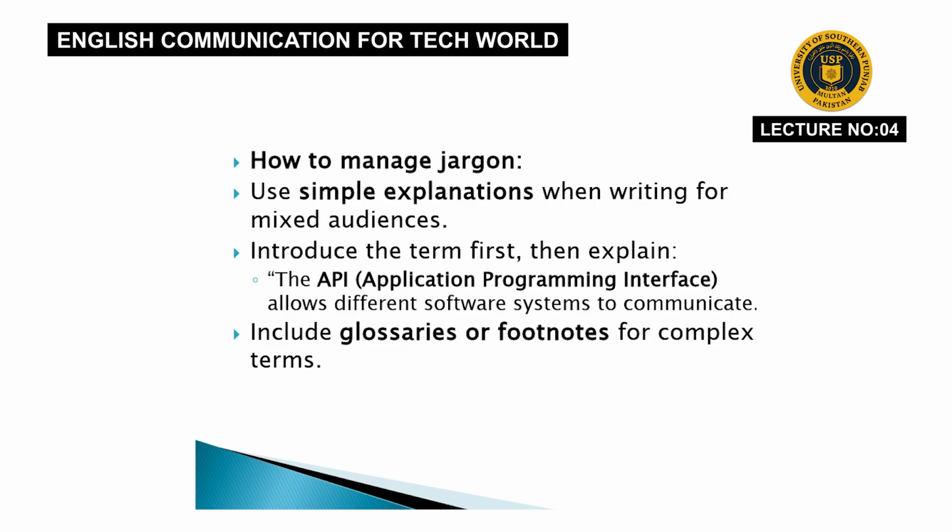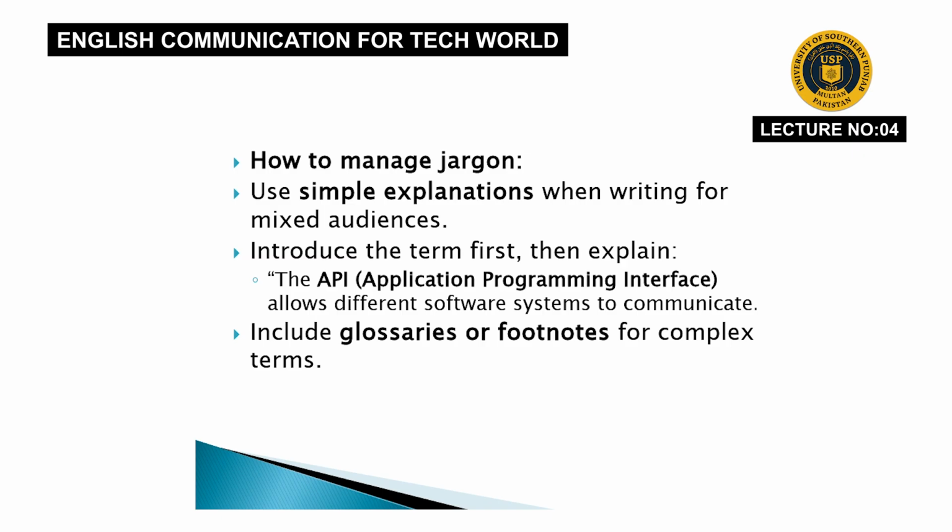Second, when introducing a technical term, it is helpful to define or explain the term the first time it appears. For example, a writer might say, "The API, or application programming interface, allows different software systems to communicate with each other." By explaining the term once, the writer helps readers understand it more easily.